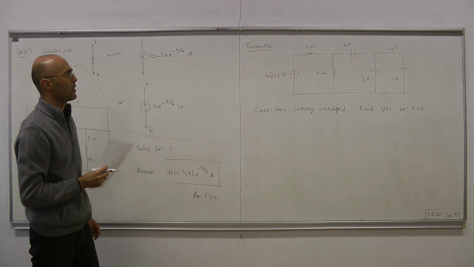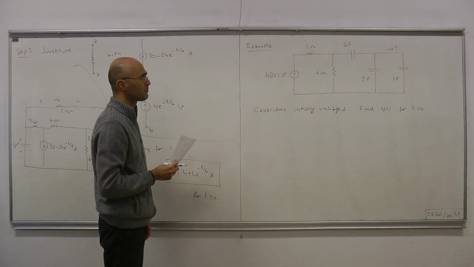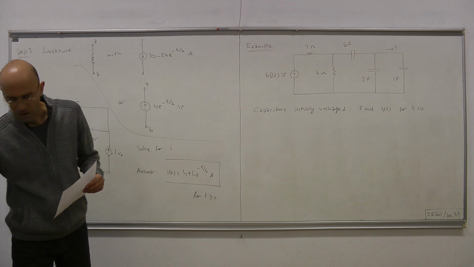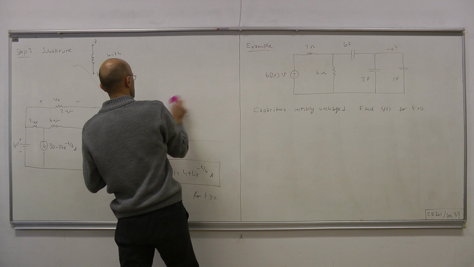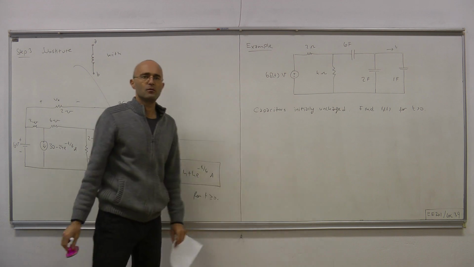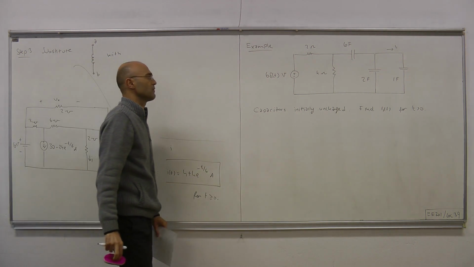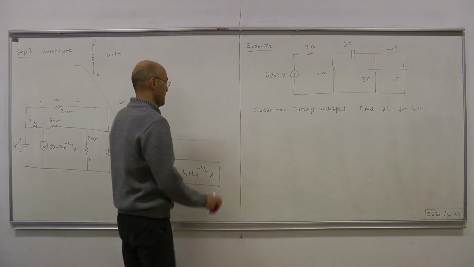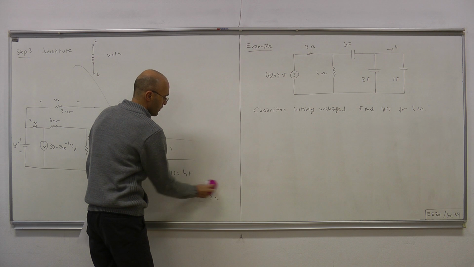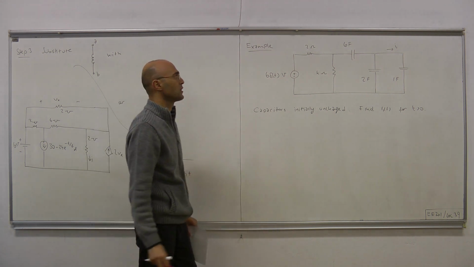Now we have three dynamic components. And this circuit is, for reasons that we're going to figure out in 202, a second order circuit, and we asked for the current I1. Even though it's a second order circuit, we can solve it.